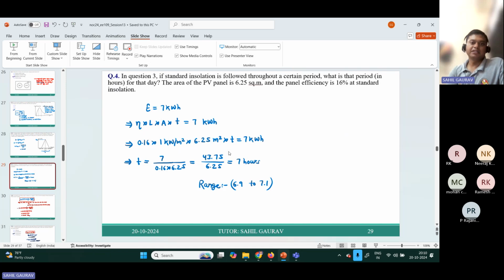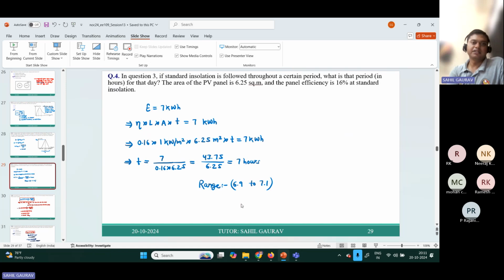So the time is what we need to calculate such that we follow the standard insolation, and the efficiency of the PV panel should also get multiplied to get that amount of energy. So this number of hours equivalent to standard insolation will be 7 hours. Any problem till this part?